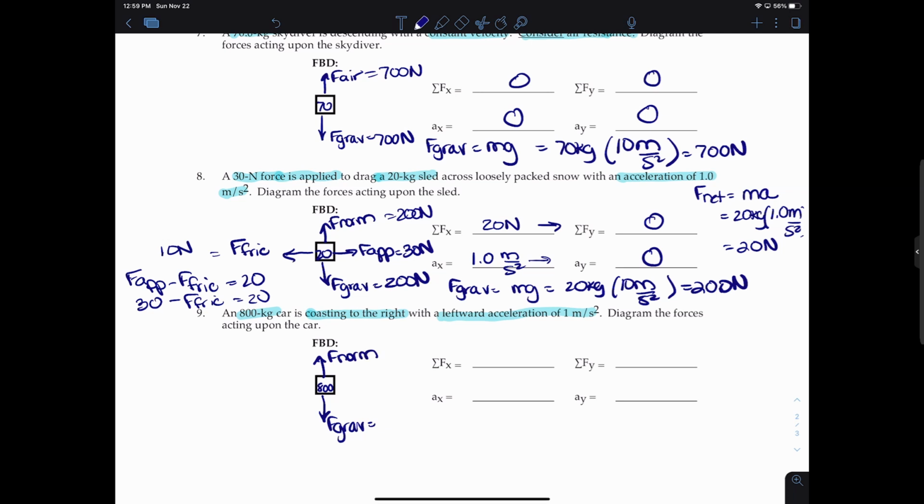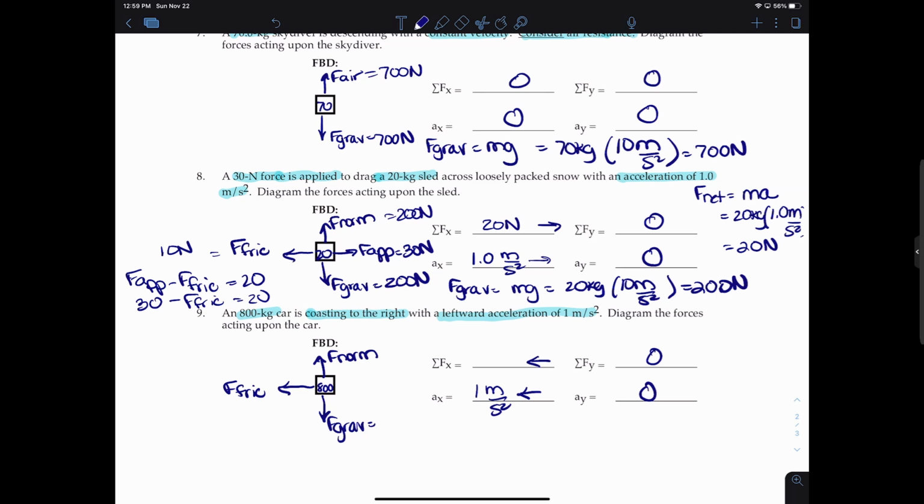It has no applied force. It's coasting to the right with a leftward acceleration. So the fact that there's a leftward acceleration tells me that it is slowing down. So that sounds a lot like friction to me, friction.